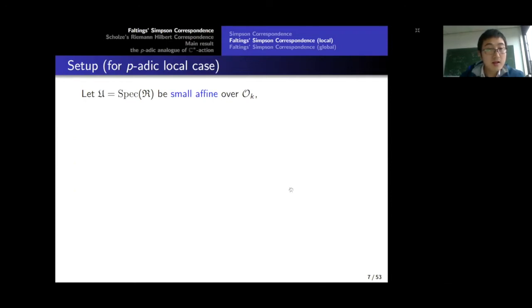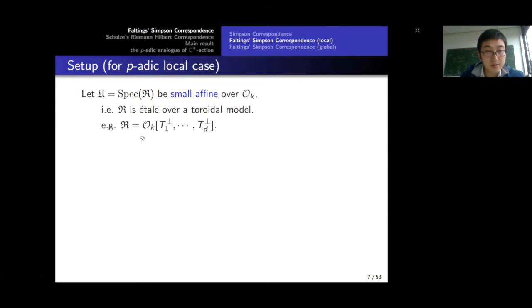Now, for the p-adic local setting, we let U be a small affine over O_K, which means R is just étale over a Laurent model. For example, R could be this ring, so this U is just a torus.